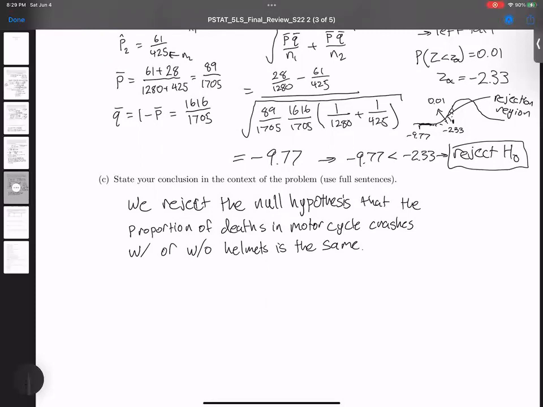And since we rejected the null, that means there is sufficient evidence for the alternative.